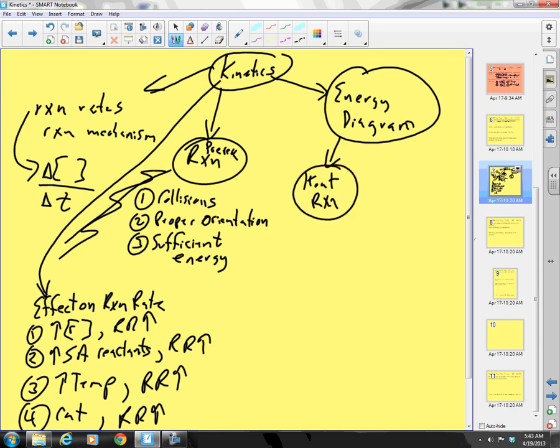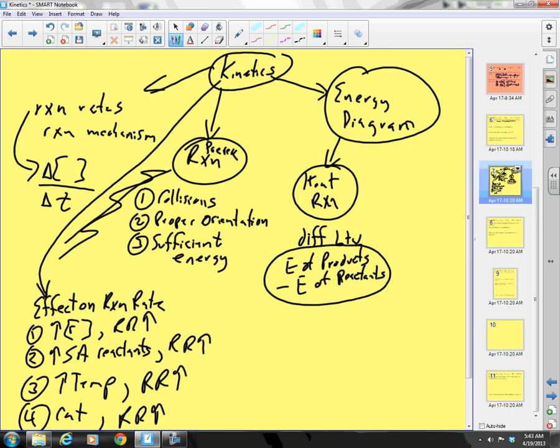Now, what is heat of reaction? Really, the heat of reaction is the energy of the products minus the energy of the reactants. Now, that's not exactly the definition, but for us, for honors chem, we'll look at it that way.